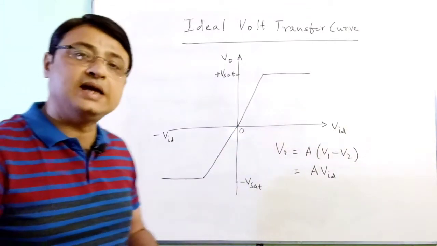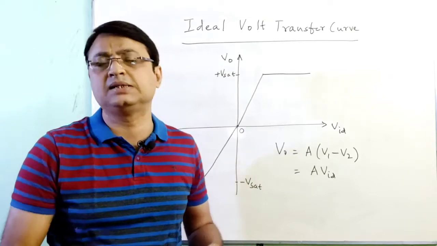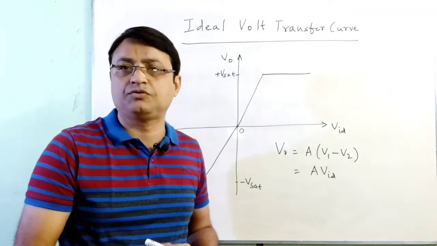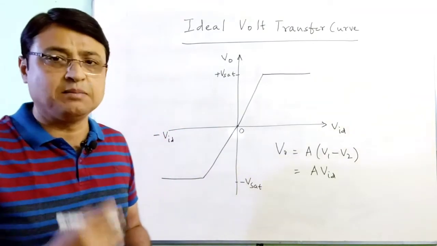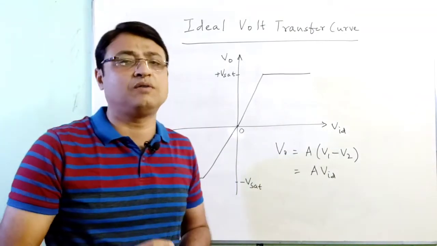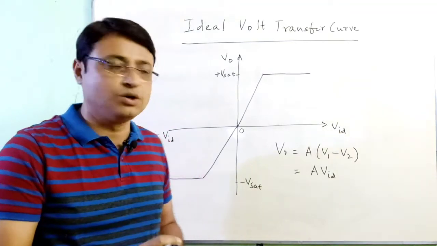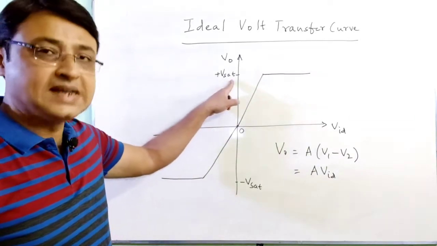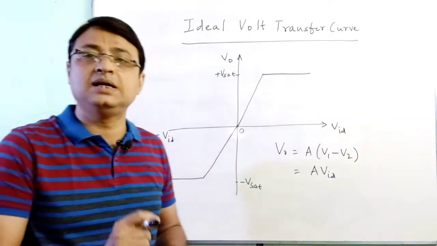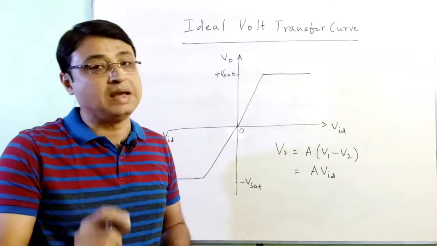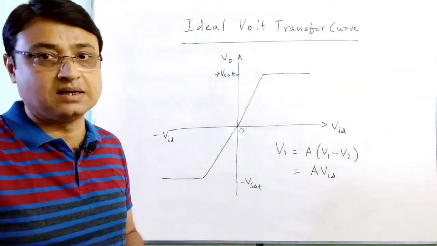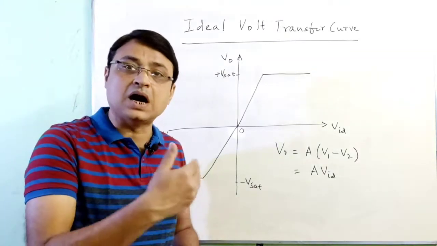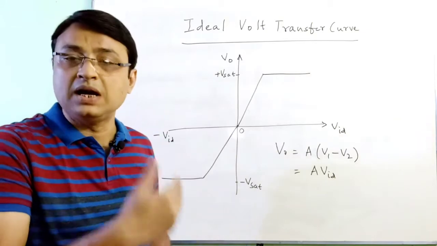Now the gain of an op-amp, as we have earlier discussed, for a practical op-amp is about 10 to the power 3 to 10 to the power 6. That means for a slight value of the input voltage, V0 should go to a large value, and that is the Vsat value. So for VID positive, although it may be a very small value, this will bring the output voltage V0 to a large value.